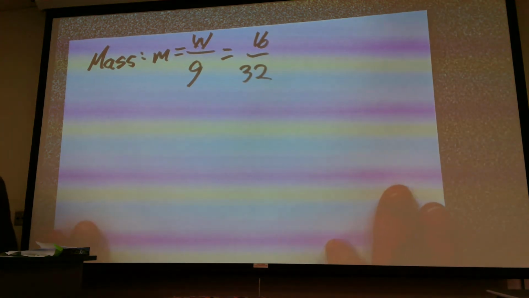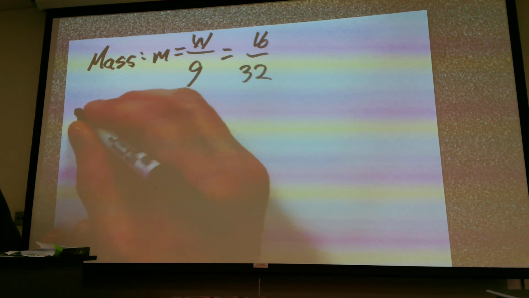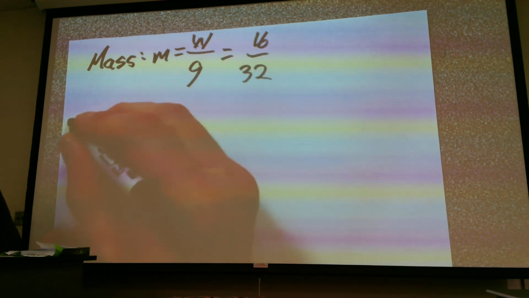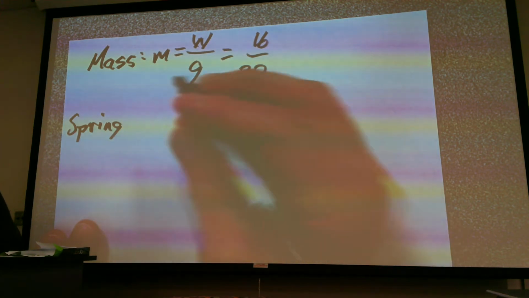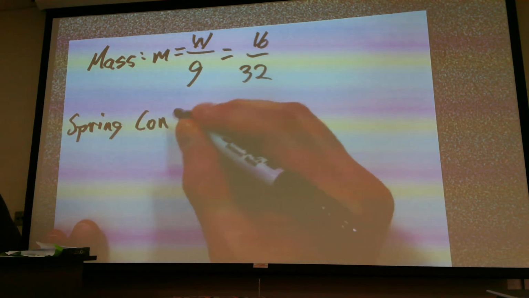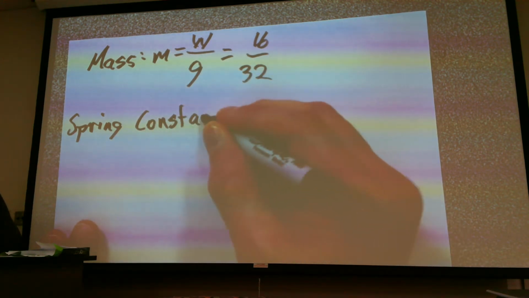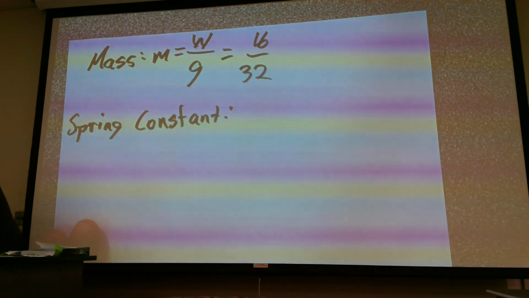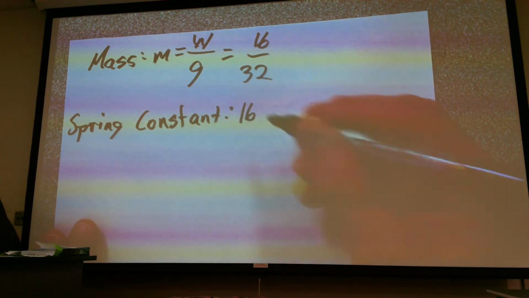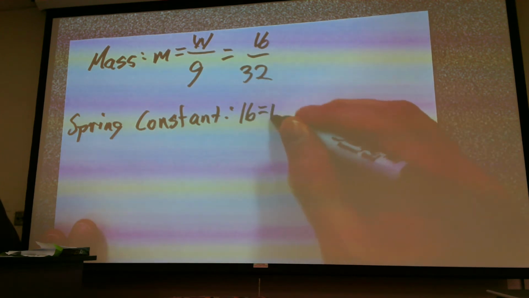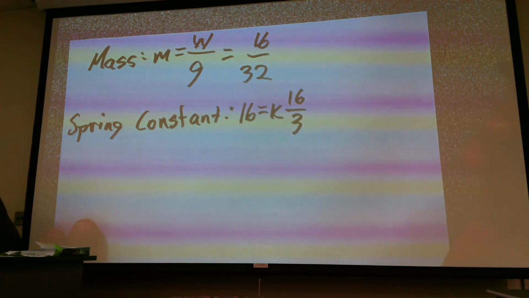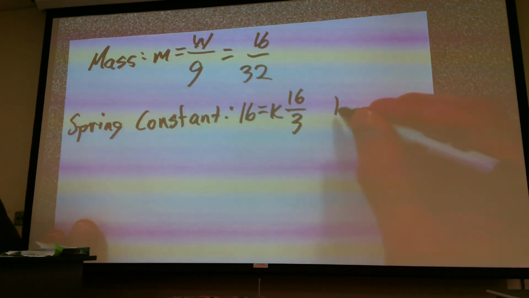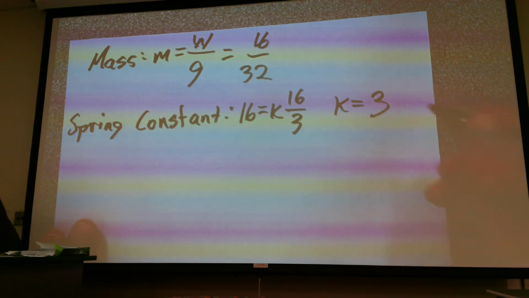And then Hooke's law, or say the spring constant. It weighs 16 pounds and it stretches 16 divided by 3 feet. So that would mean that K would equal 3 pounds per foot.